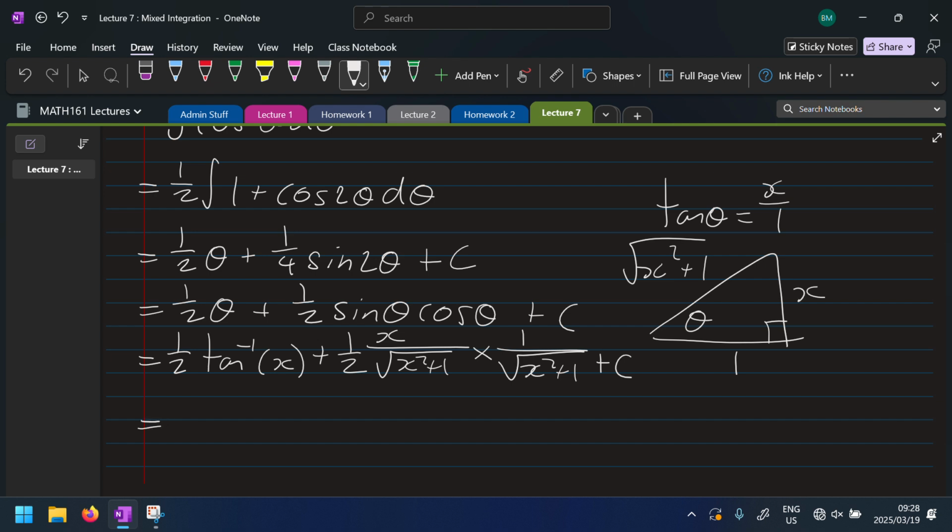Last bit of simplifying, a root times a root, the root cancels, so we have 1/2 arc tan x plus 1/2 x over x squared plus 1. You don't need to do this last line. As long as you've got the substitution correct, that's fine. If you want to simplify further, that's up to you. I don't mind.